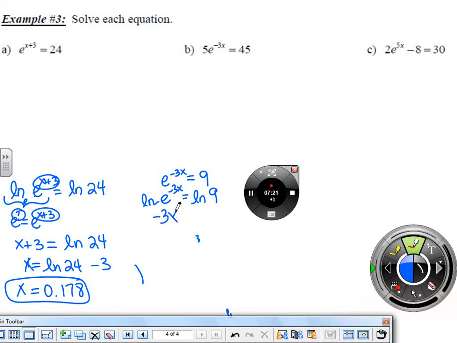We're just going to get the power. So this makes it a lot easier for me to solve. So I would either leave the answer as the log of negative, or I could put it into a calculator to get that the answer is negative 0.732.